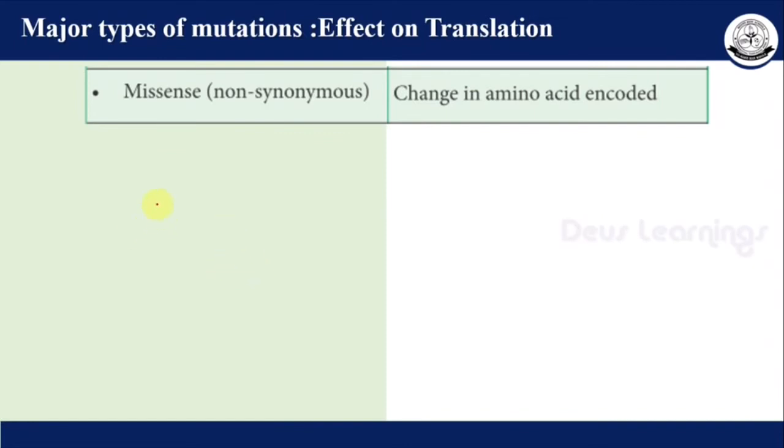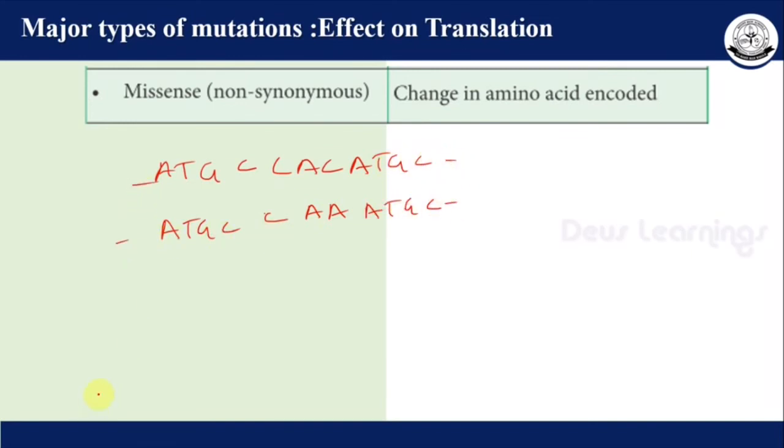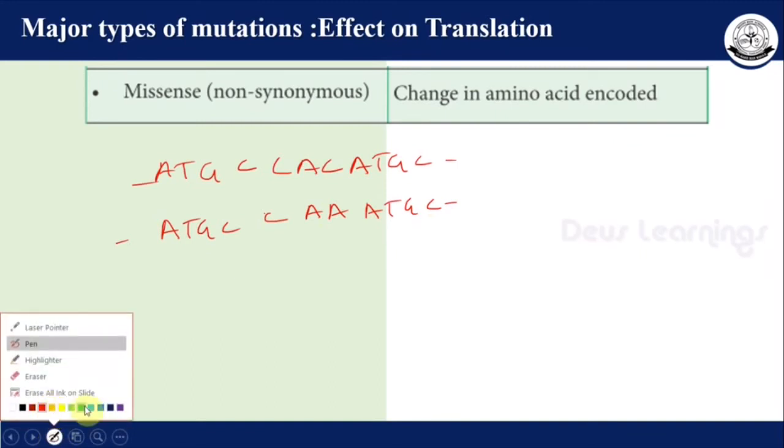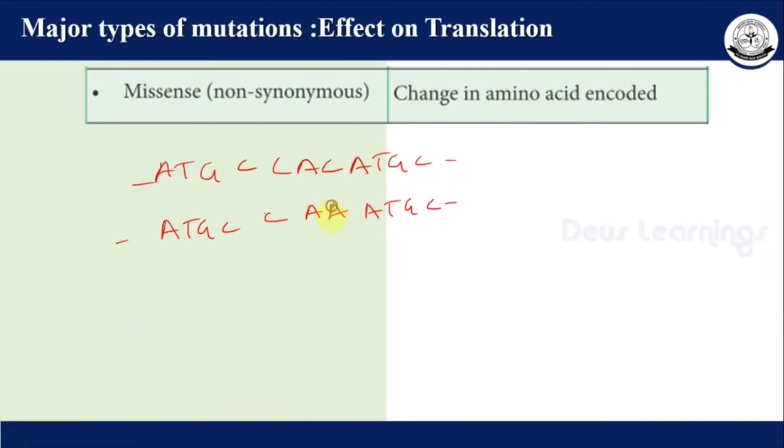For example, again we have ATGC, and then CAC, and again ATGC, followed by CAA and ATGC. So this one is substituted, right?